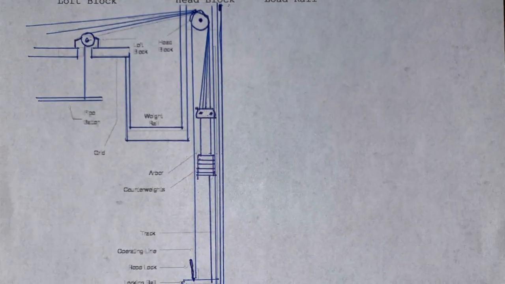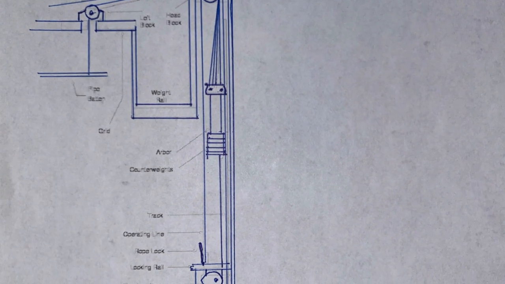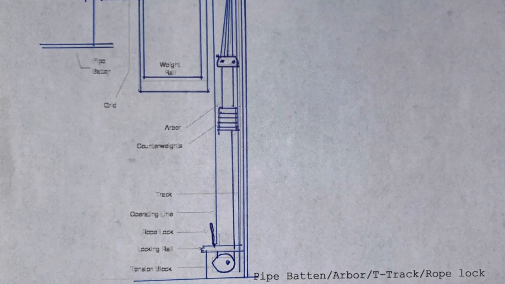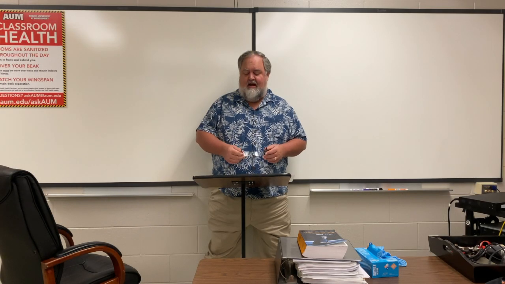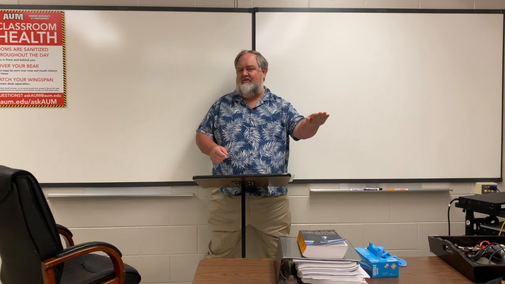Not only do you have a lock rail at the bottom where you run the system from, above in the ceiling, you're going to have what's called a load rail. Someone has to go up there, and when the scenery or the lighting batten is down on the ground in the stage, the arbor is way up in the air.